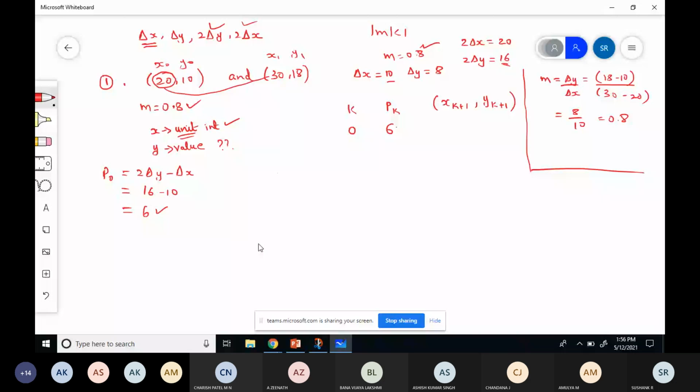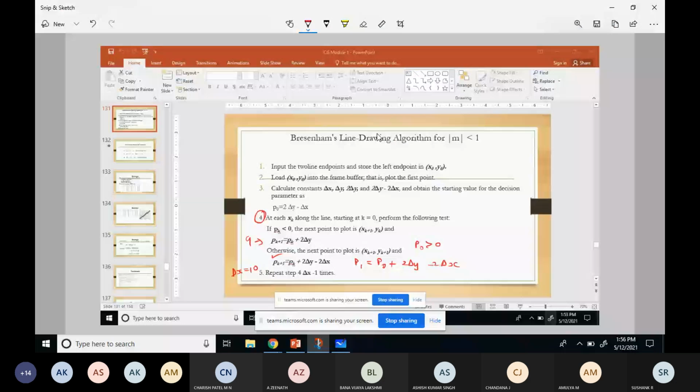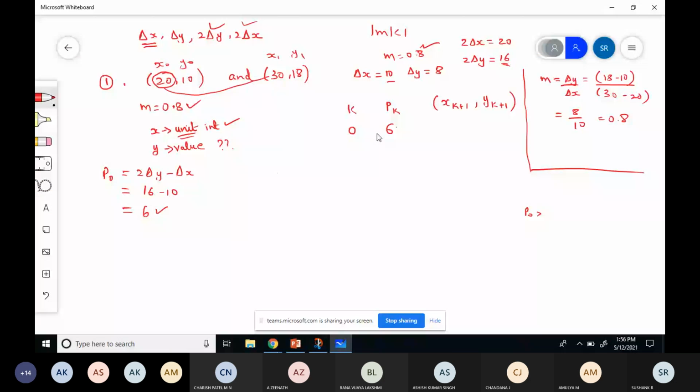When it is greater than 0, we have to consider x of k plus 1, y of k plus 1. That means I'll substitute k with 0, so it will be x of 0 plus 1, which is x1 comma y1.